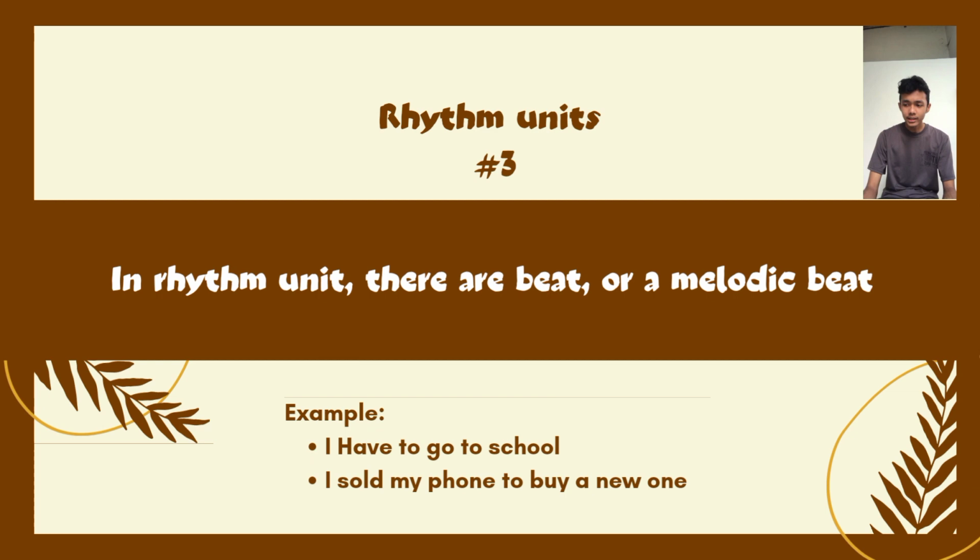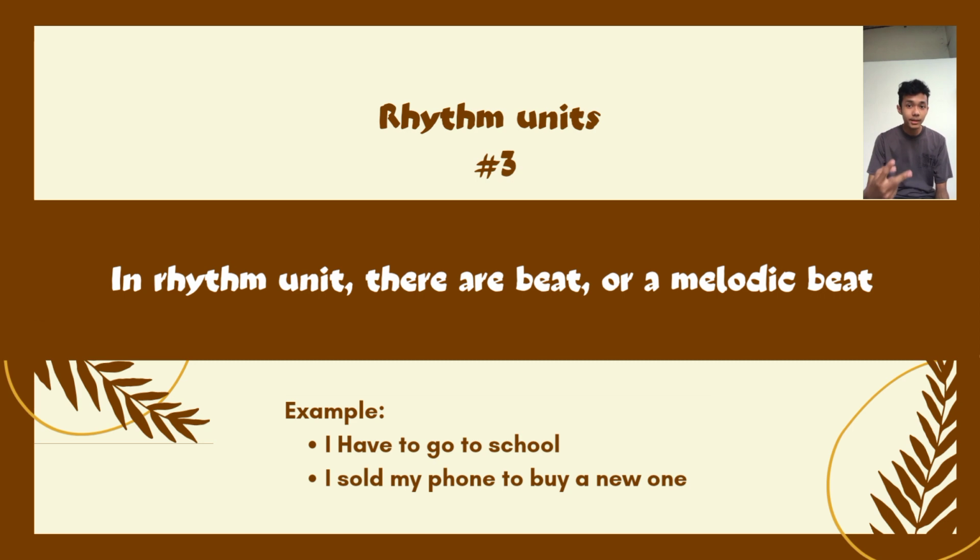In learning rhythm units, you need to know two parts of words in a sentence. The first are the content words and the second are the grammar words. The content words contain the information in the sentence. These parts need to be stressed when you're saying something.